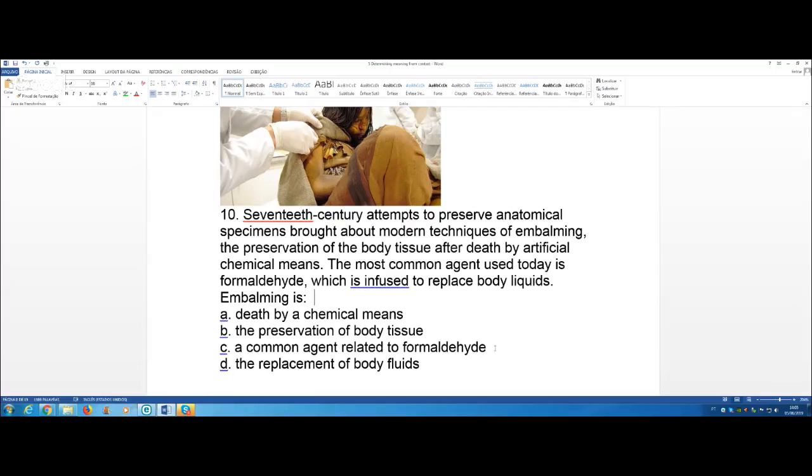A noun can be, the replacement of body fluids. D. Okay. Not always will the appositive be in the front of your sentence. It can also be at the end of your sentence. It's usually after the word.